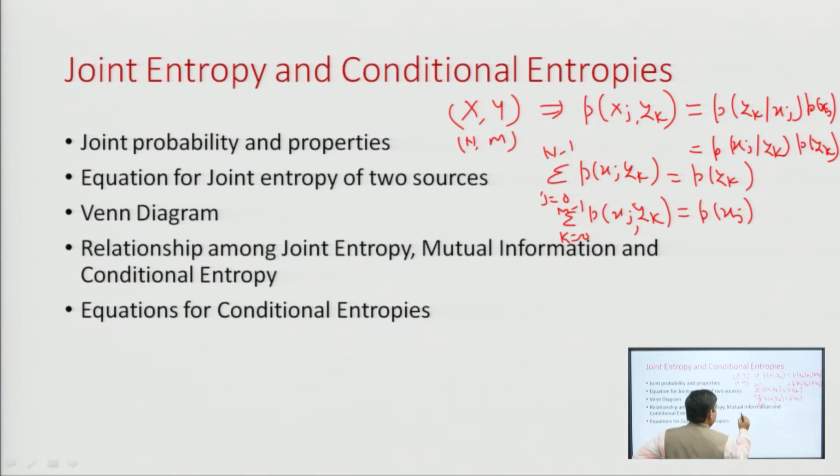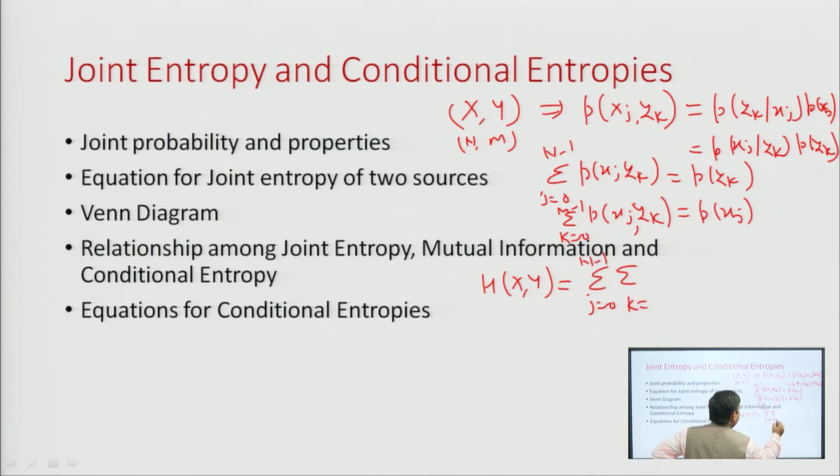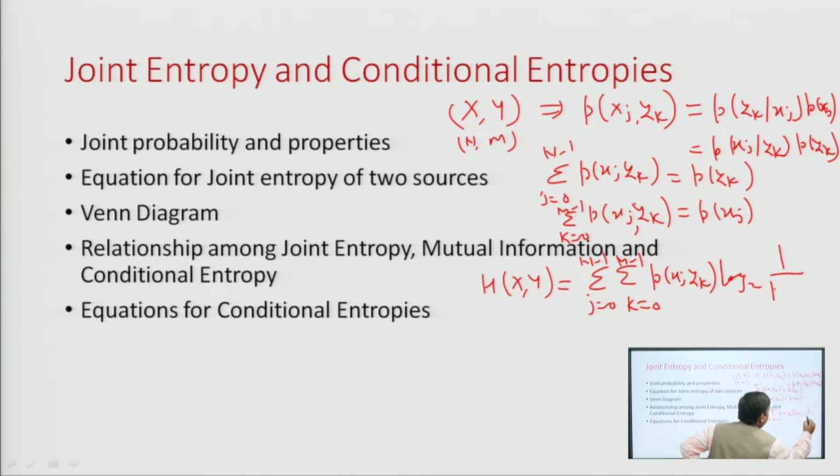Joint entropy H(X,Y) is equivalent to the double summation, j from 0 to n minus 1 and k from 0 to m minus 1, of the joint probability p(x_j, y_k) into the information in that joint entropy, log base 2 of p(x_j, y_k). This is the equation for the joint entropy of the two sources.